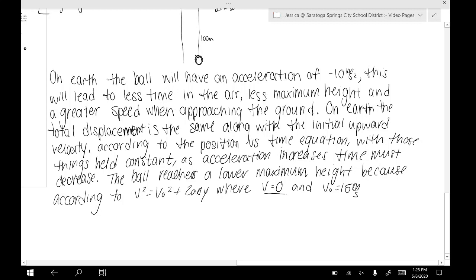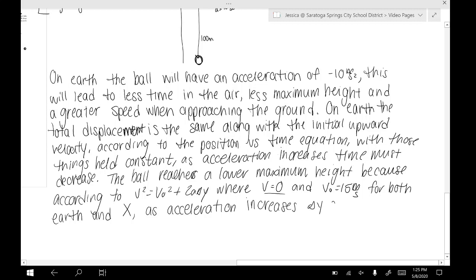So where v equals 0 and v0 equals 15 for both Earth and X, as acceleration increases, delta y, or max height, must decrease.